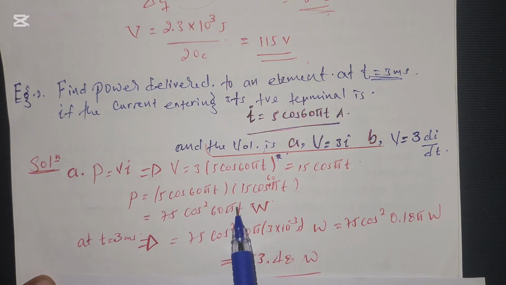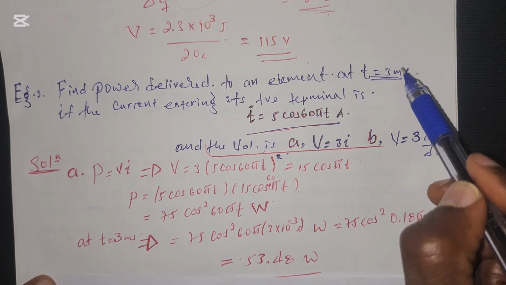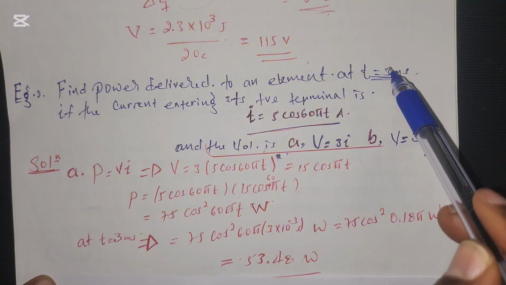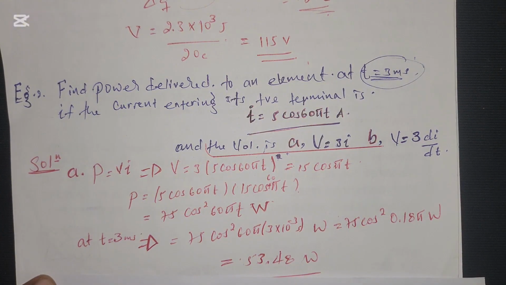This is the power. We are asked to find the power at t equal to 3 milliseconds, so inserting 3 times 10 raised to minus 3. Rearranging and calculating this would give us 53.48 watts.